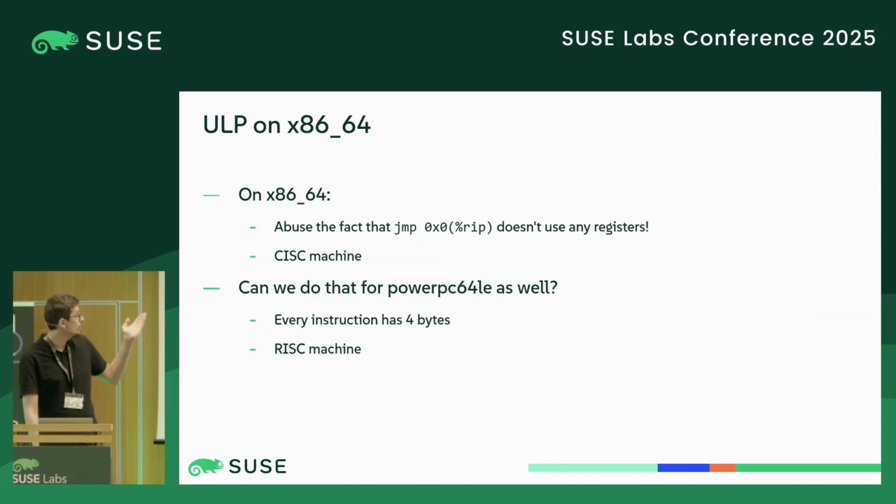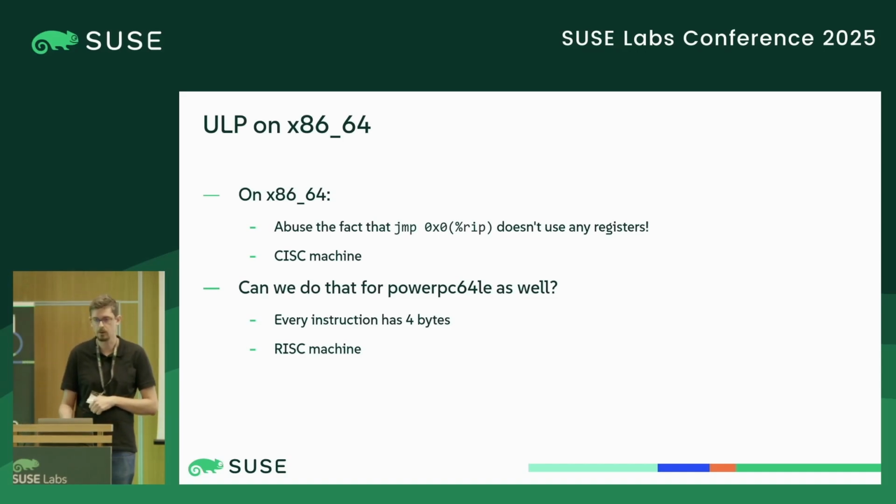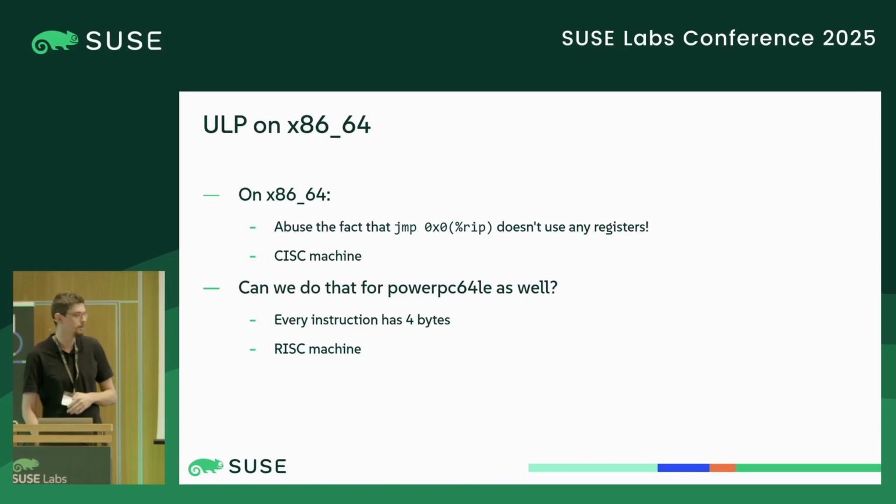As I showed you, on x86-64 we abuse the fact that we can jump without using registers. And it's a CISC machine, so you have all sorts of complex instructions. But on PowerPC64, it's a RISC machine, and every instruction has 4 bytes. So you can't have this kind of trickery to jump wherever you want.